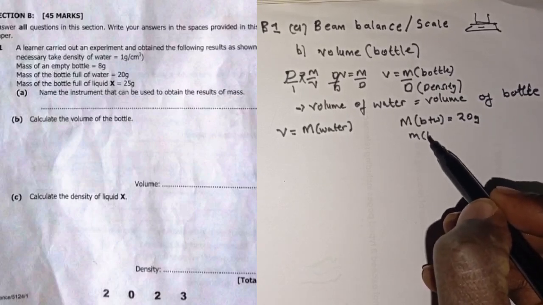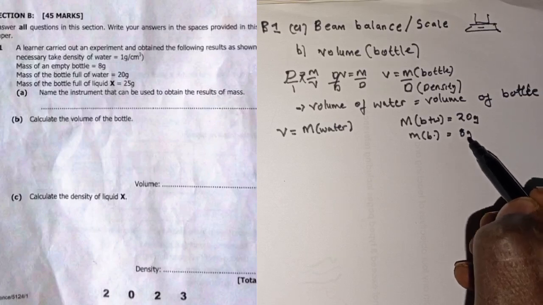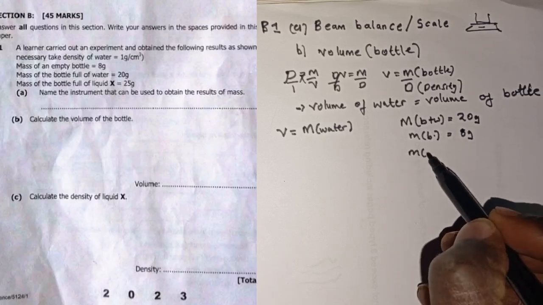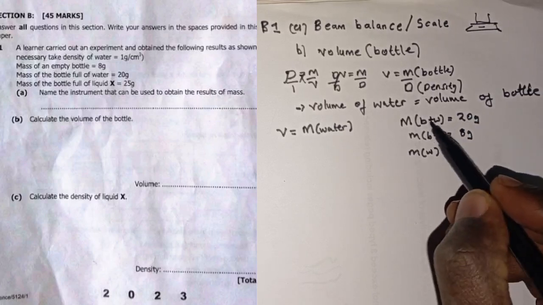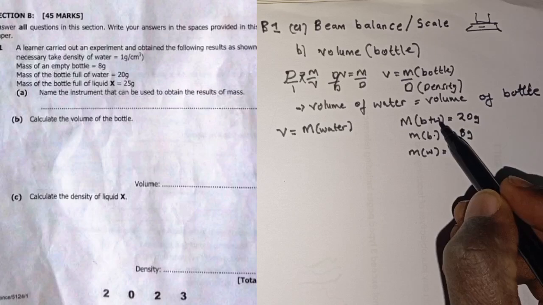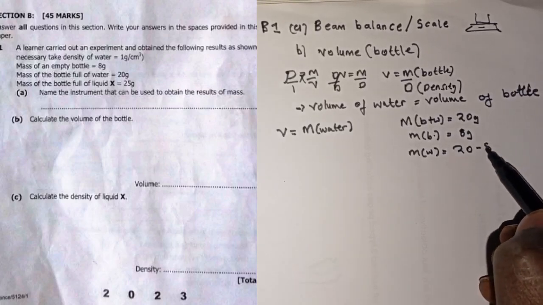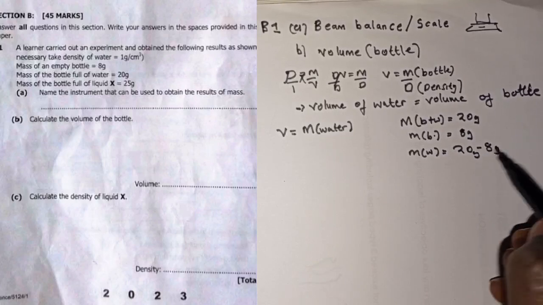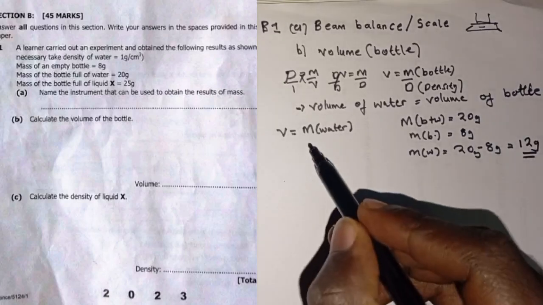The mass of the empty bottle is 8 grams. So to find the mass of water, it should be the mass of both water and bottle minus the mass of the empty bottle. So 20 minus 8 grams. Here we get 12 grams. That is the mass of water.